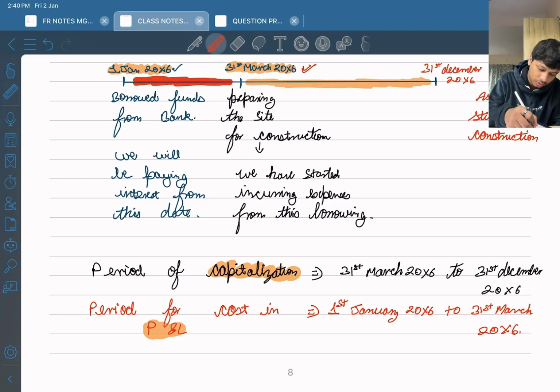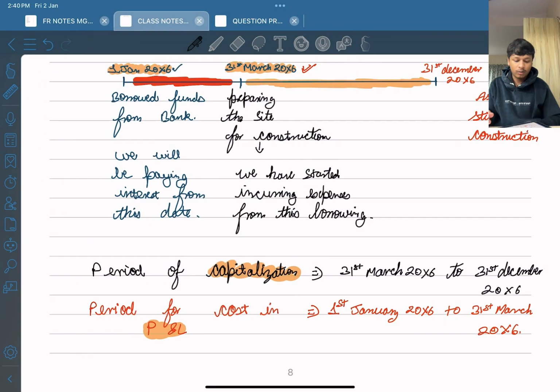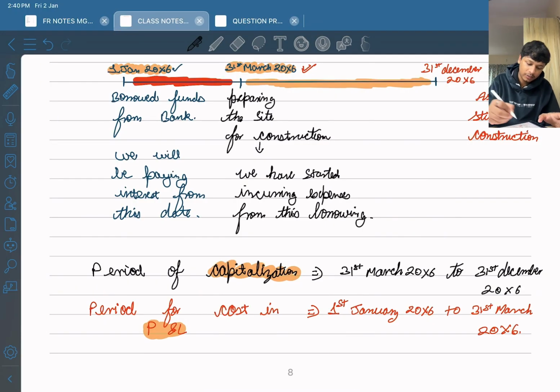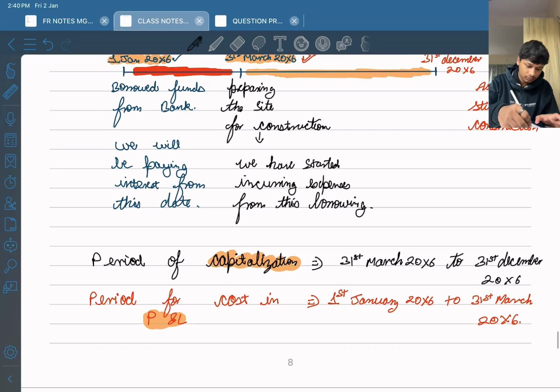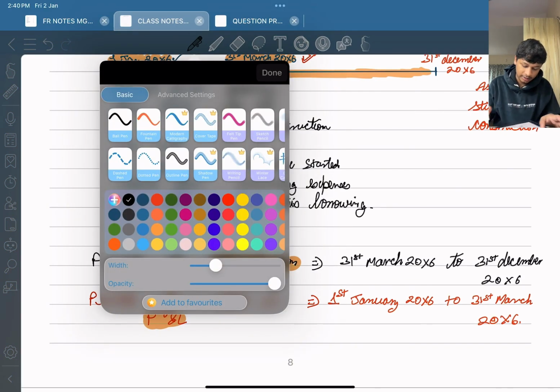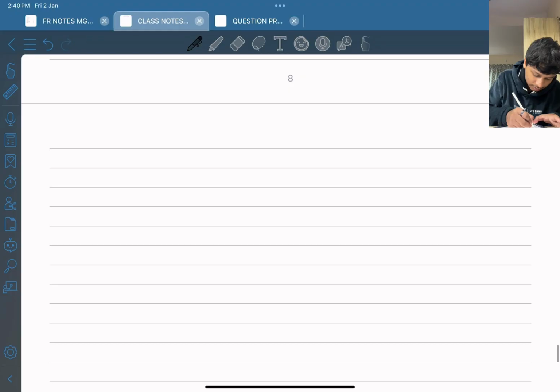You have to remember this. I hope I am clear on this. We will start capitalization on 31st March 20x6, and we will capitalize till the period the asset is constructed. Now what happens? Let me take an example of this.